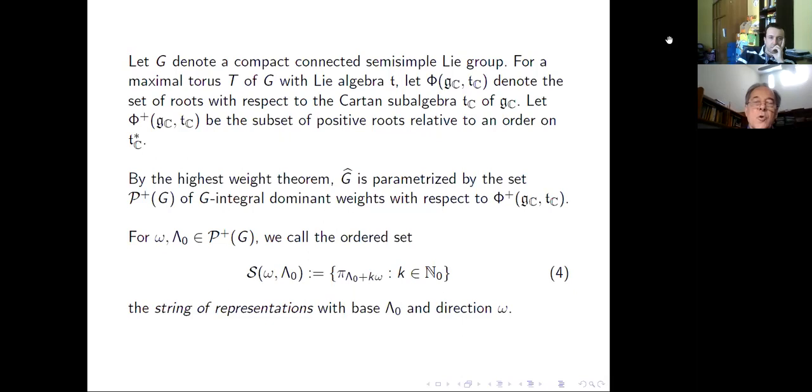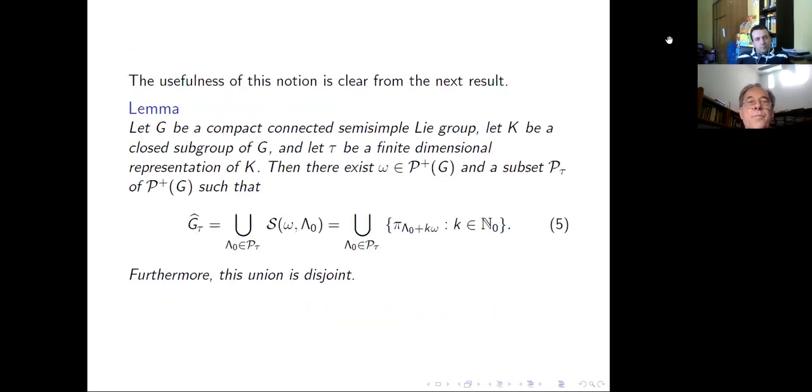And now we introduce an ordered set S omega lambda naught, the set of pi lambda naught plus k omega with k a non-negative integer. And we call this the string of representations with base lambda naught and direction omega. So this will be a main tool in our method.